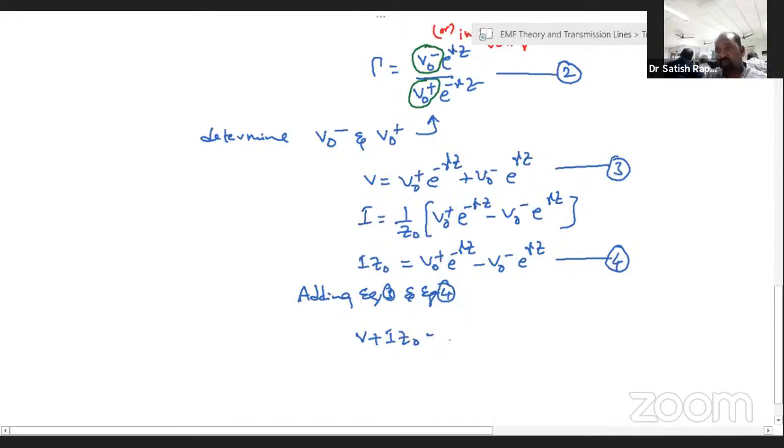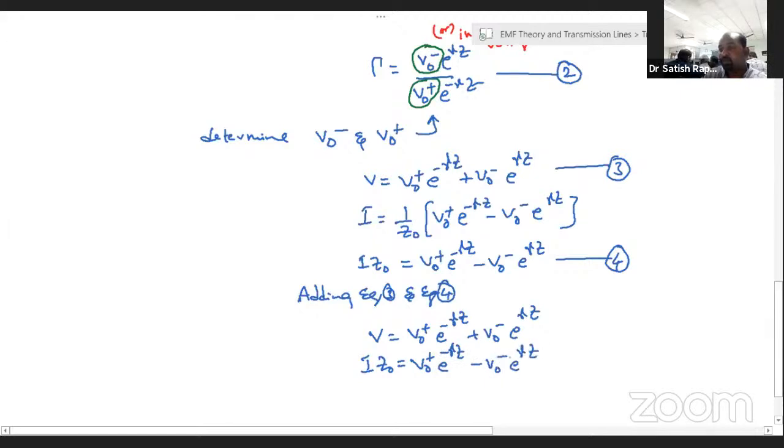Let me write down once again so that it will be more clear. V is equal to V naught plus e power minus gamma z plus V naught minus e power gamma z, and equation 4, I Z naught is equal to V naught plus e power minus gamma z minus V naught minus e power gamma z.